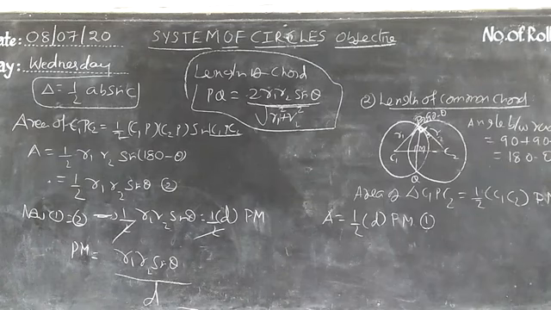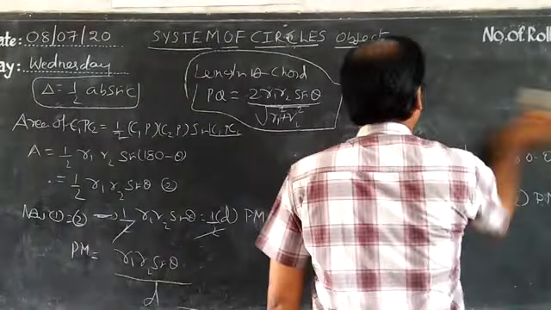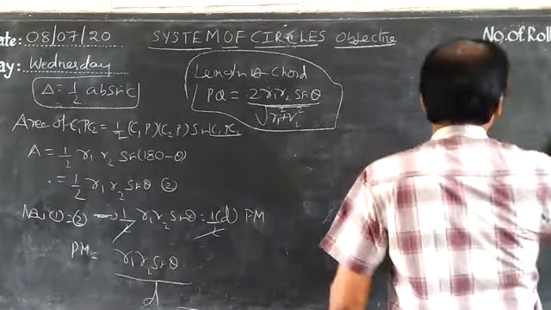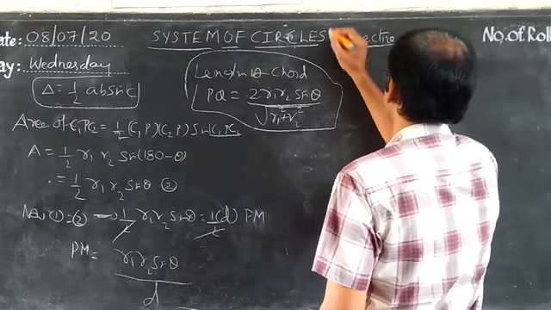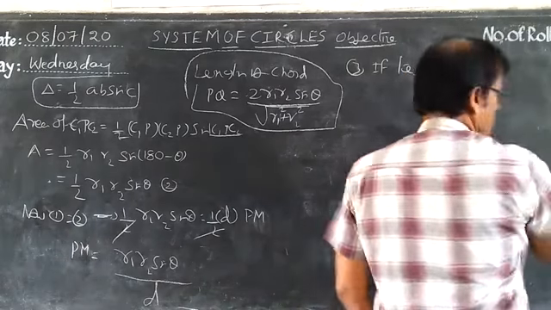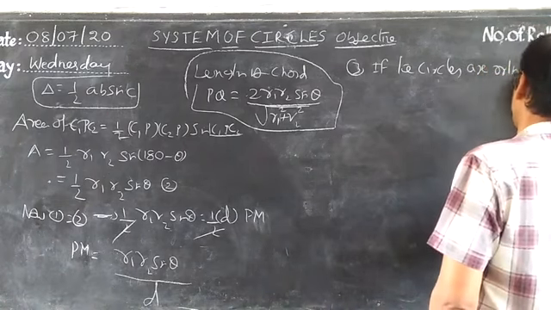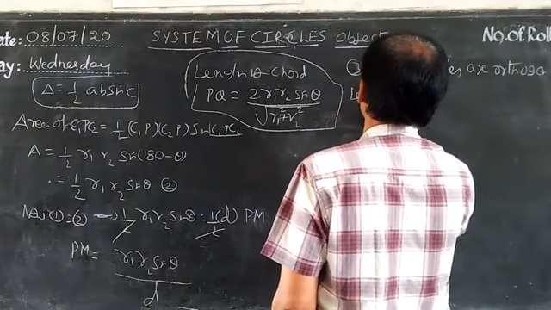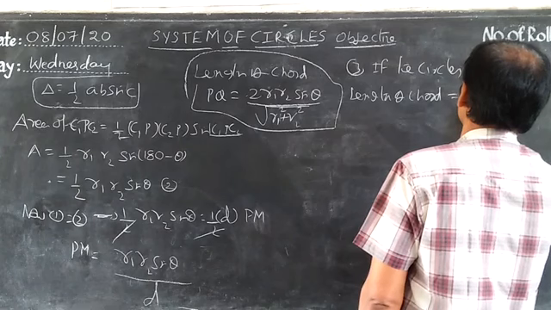Next, you can write this for 90 degrees, that is, if the circles are orthogonal. Let us write the next formula, the third formula. If the circles are orthogonal, what is the length of the chord?